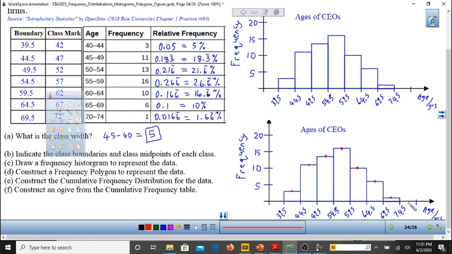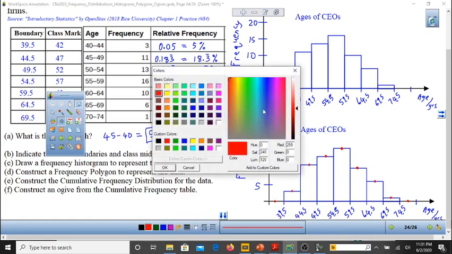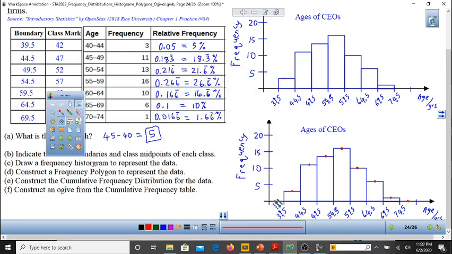And then I put the midpoint of the class before and the class afterwards. And then I'm going to draw a frequency polygon on those. So I'm going to use a red line here. I'm just going to connect starting from the x-axis.